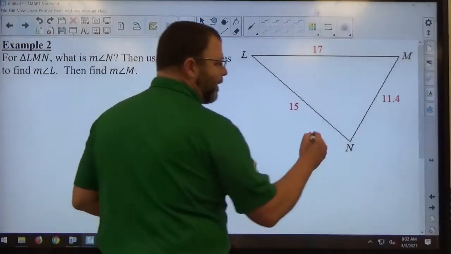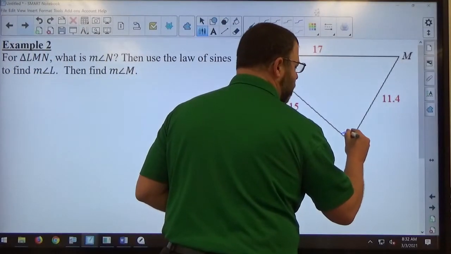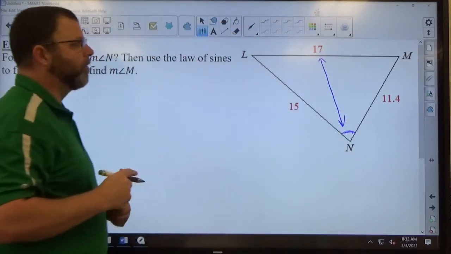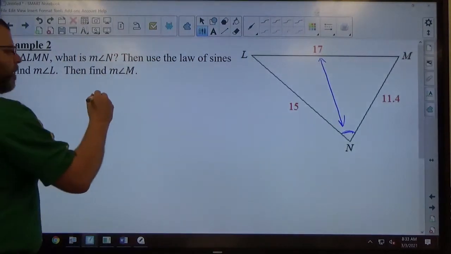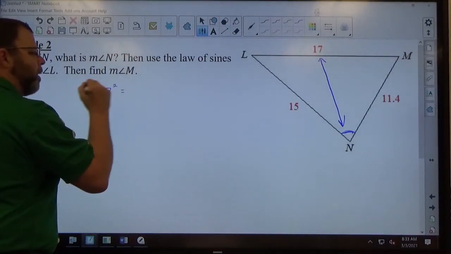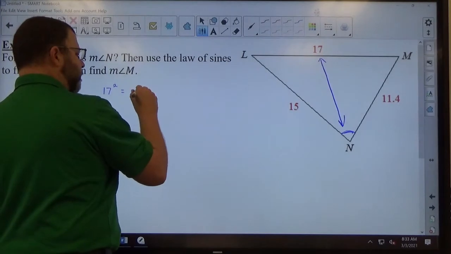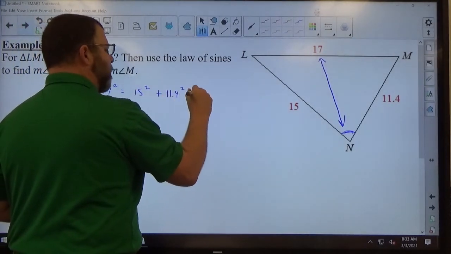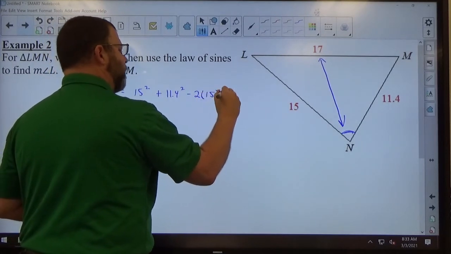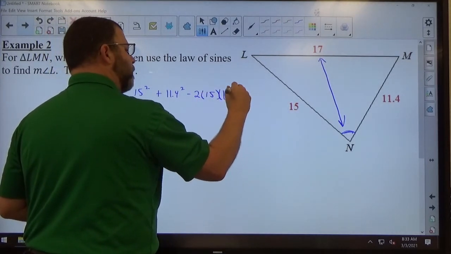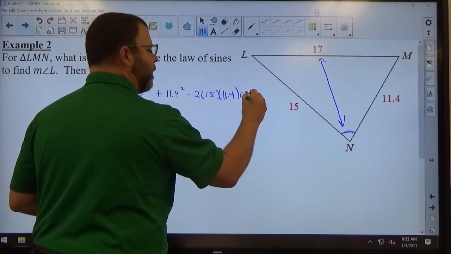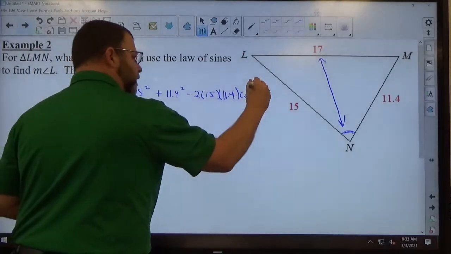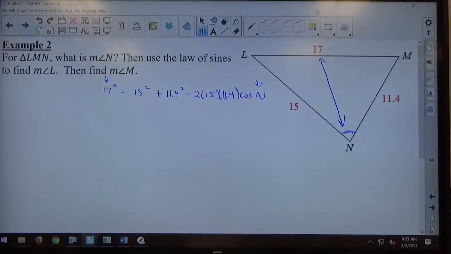If I'm going to want to find this angle here for the law of cosines, again, that side is opposite this angle. When I set my law of cosines up, I need the 17 by itself, so 17 squared equals side squared that isn't 17 plus the other side squared minus 2 times 15 times 11.4 times cosine of N. Again, this side needs to be opposite that angle when you set up law of cosines.